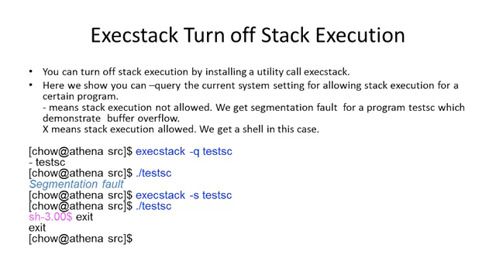And then we use the minus s option to set TSTSC to allow stack execution. When we execute it, a response comes back with a prompt showing that we are now given a completely different shell produced by the shellcode in the TSTSC.